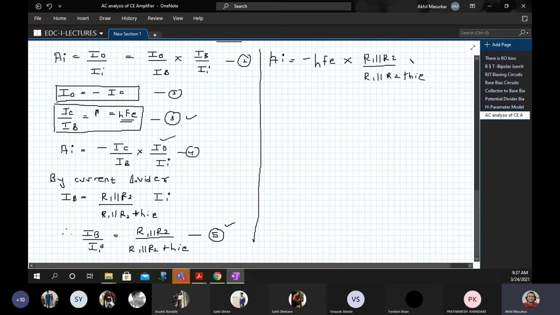So AI is simply minus HFE into R1 parallel to R2 upon R1 parallel to R2 plus HIE.